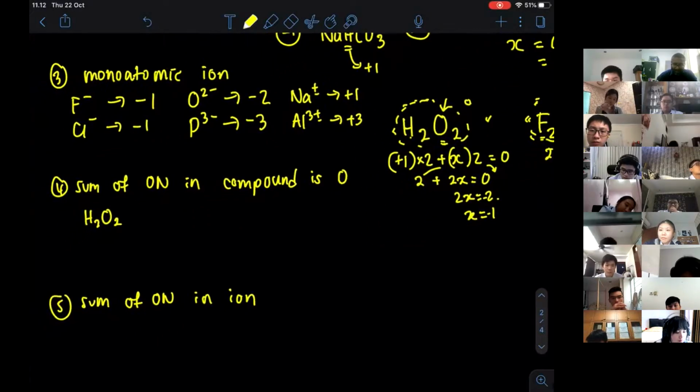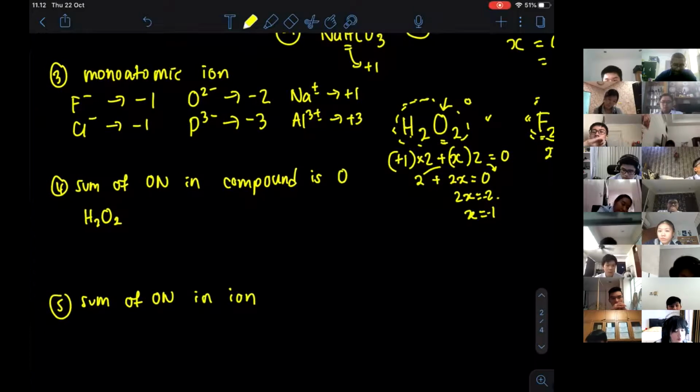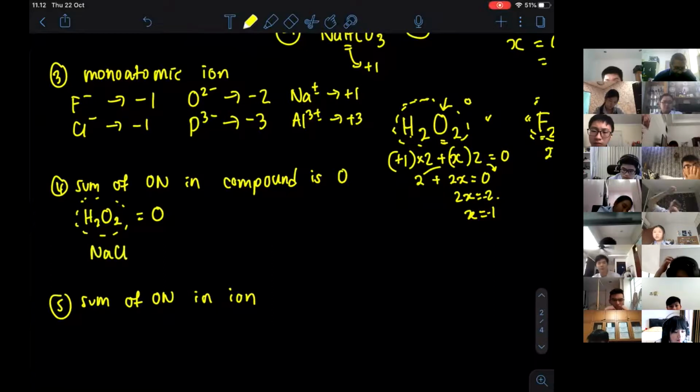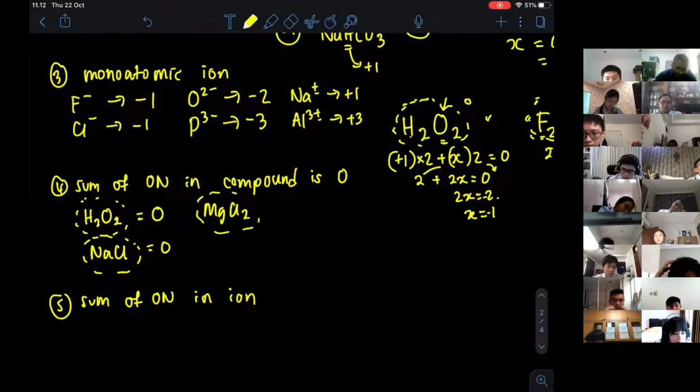So it means in a compound, the sum of the oxidation numbers of hydrogen and oxygen is going to be 0 overall. So if I have NaCl, overall is going to be 0. If I have MgCl2, overall it's going to be 0. It's in a neutral compound.